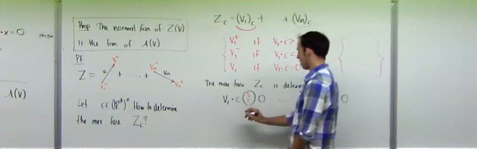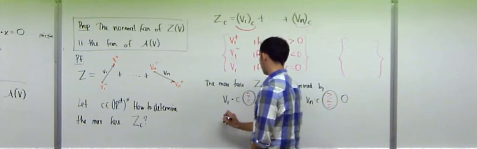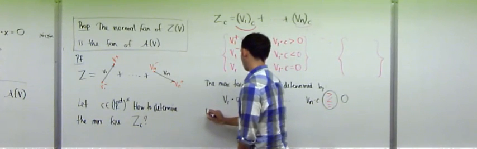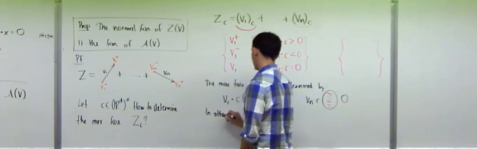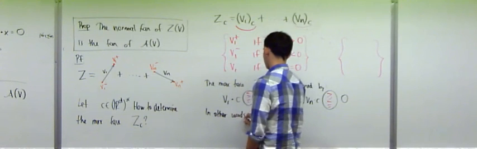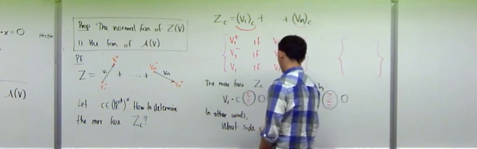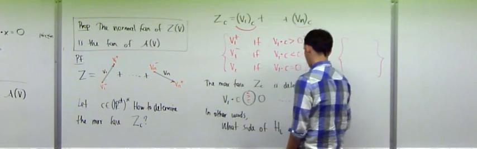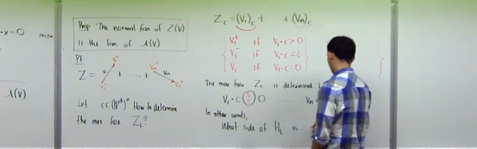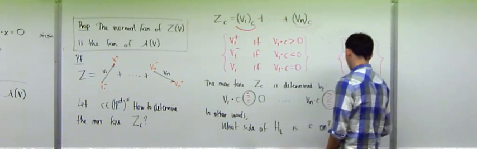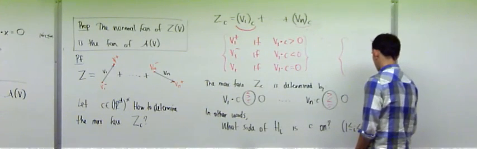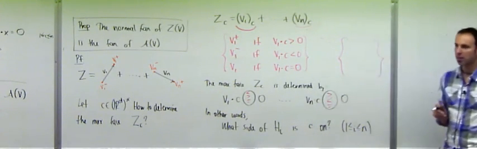So in other words, what side of the hyperplane hi is C on for i between 1 and n? Okay?